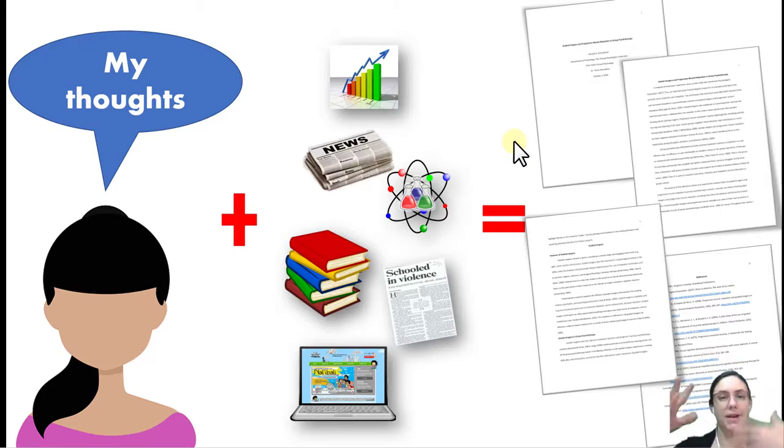So then I could start off my introduction about what violent video games are. Then I would organize my thoughts and my outline based on, okay, I'm going to talk about what different case studies have said, how it might affect the brain. I'll have another section for how it affects the brain, another one how it might affect the behavior, or another section on how it affects school performance or something like that.